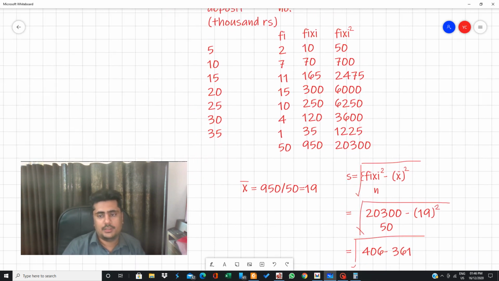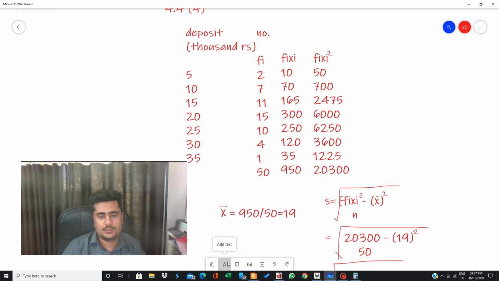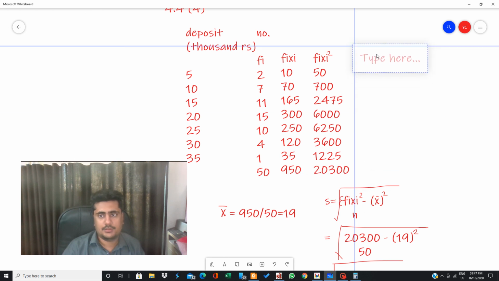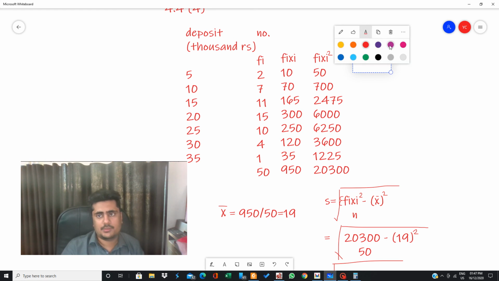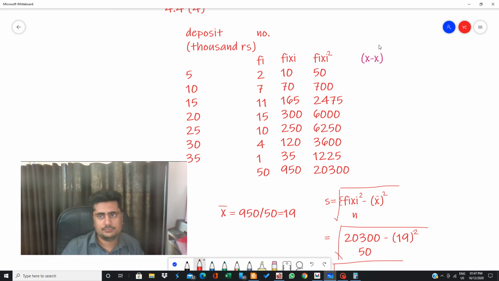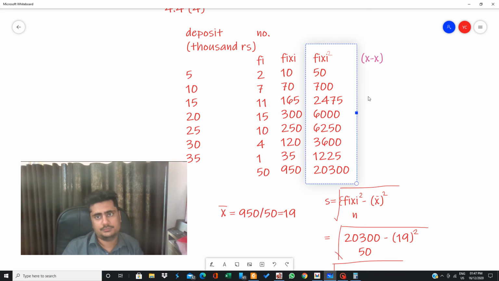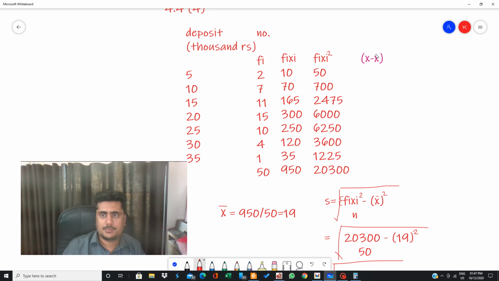We can find this particular sum with this other formula also, in the same sum. First of all, we'll be finding x minus x bar. Let us not find the square yet, just x minus x bar.